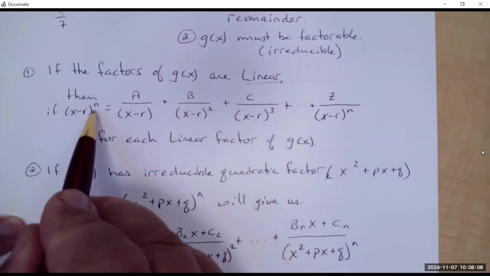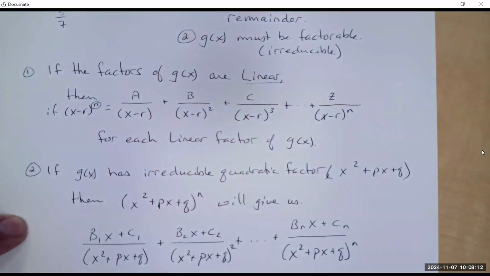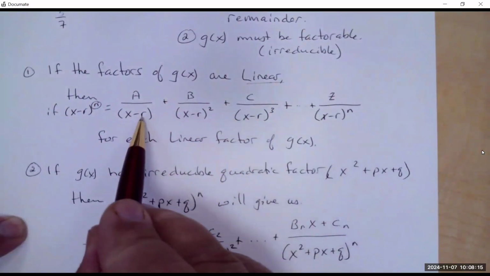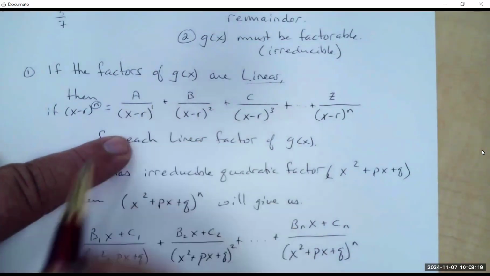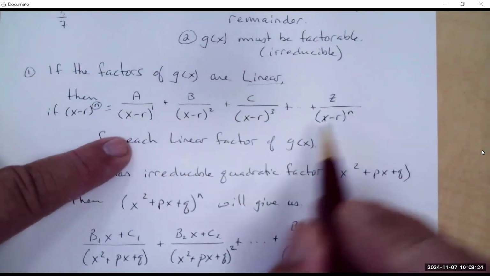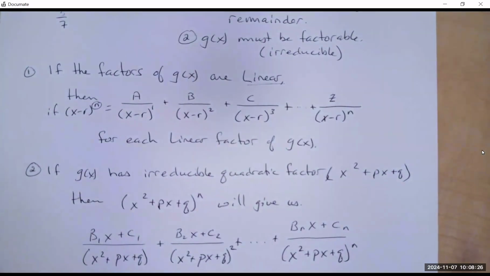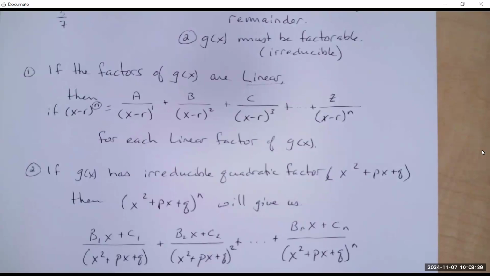For example, if one of our linear factors has a multiplicity of n, then we have to look at all the possibilities, all the factors from the multiplicity of 1 to 2 to 3, all the way up to that. We have to look at each one of those separately and then allocate a numerator for those. Those are the examples we did last time, because all of our denominators were linear factors.